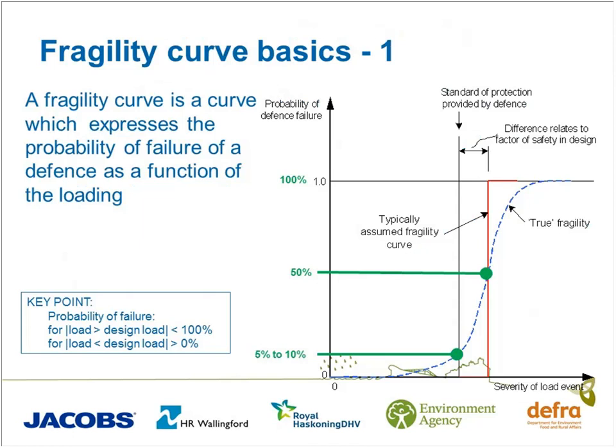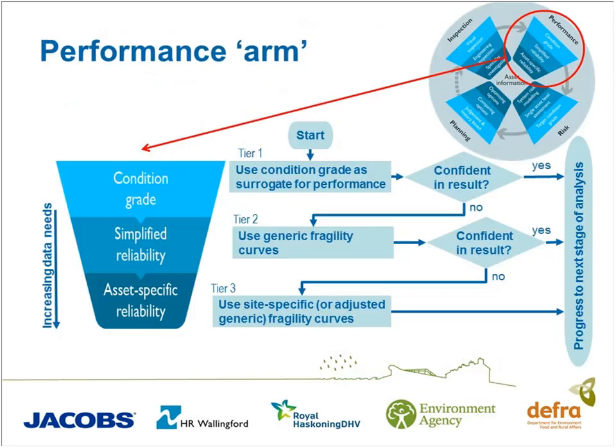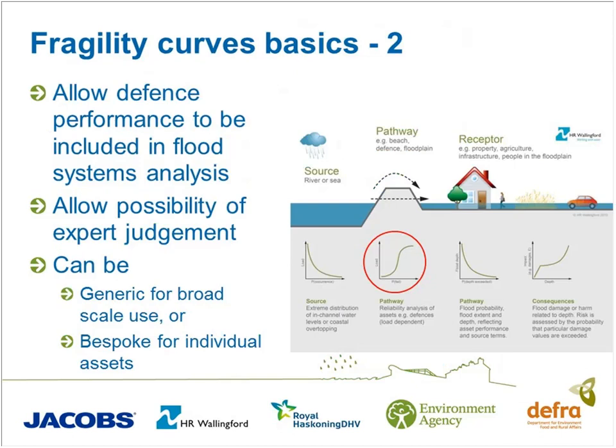And that is important to us and to the Environment Agency at a regional and national level, because it allows the defence performance to be included in flood risk systems analysis.